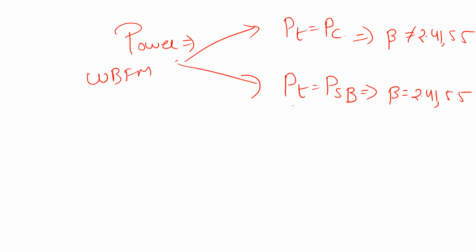That means if the beta value becomes equal to 2.405, 5.52, you will have to use this formula, and for any other value except these, you will have to use this formula.